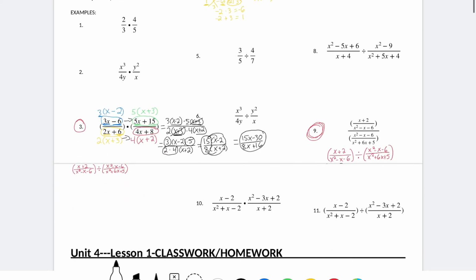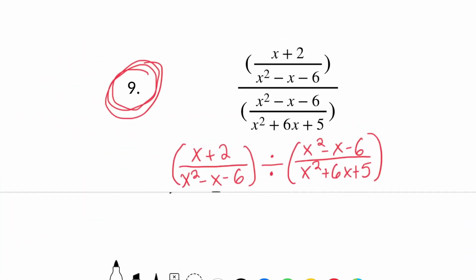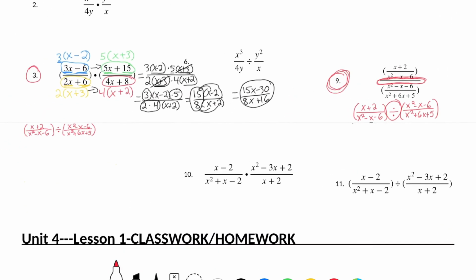Then we go on to 9. 9 is a little bit scary, but if you go ahead and rewrite the problem, rewriting this second fraction bar into a division sign should look a little bit less scary. With this, it only has one extra step to it from what we've been doing.